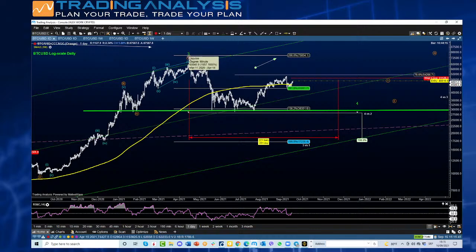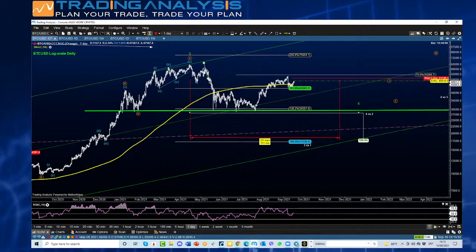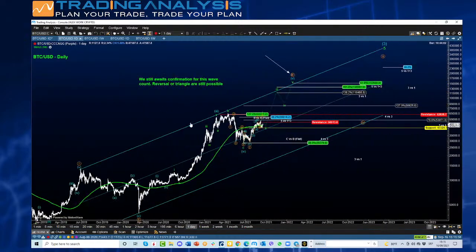We missed it by a margin, but we were the rare ones who were not that optimistic. And of course, the correction unfolded on the downside. If we move this ratio a little bit more to the upside, we will actually label this as a flat, and we are already starting the new uptrend, which will surpass 100K at least.